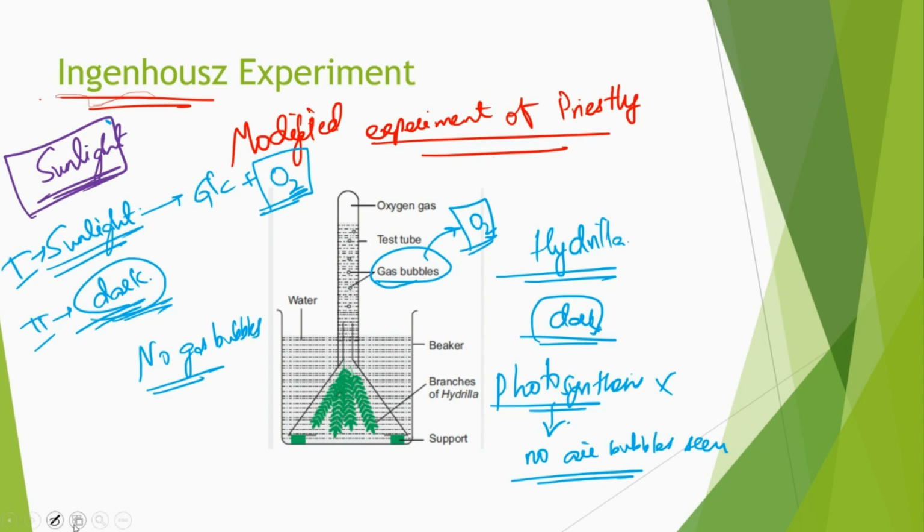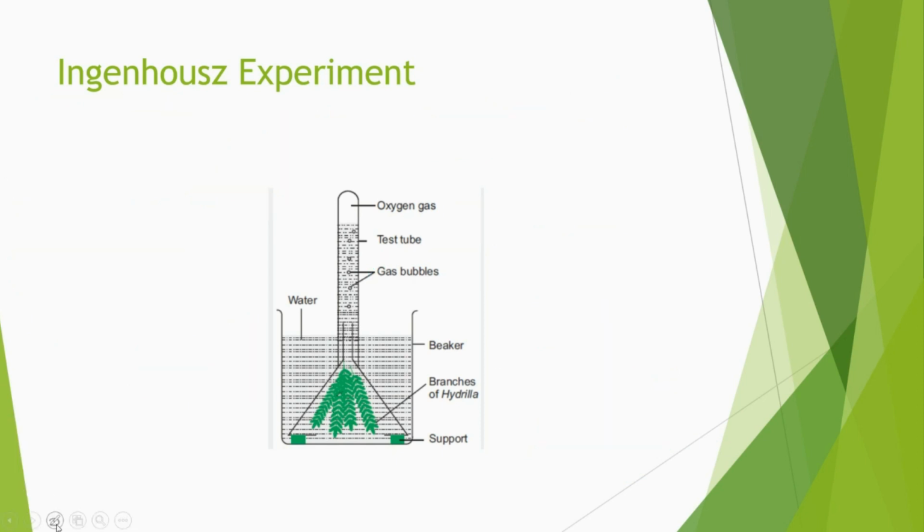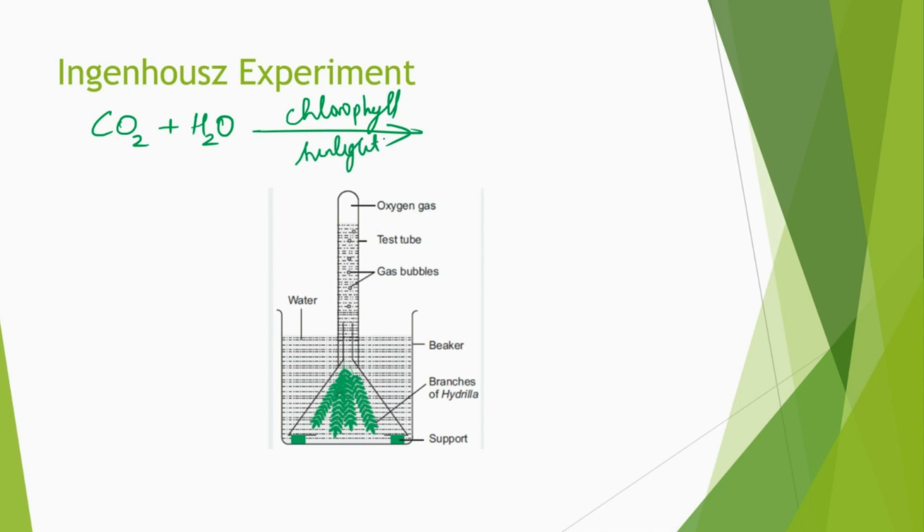So basically, we know the basic equation of photosynthesis, where carbon dioxide reacts with water in the presence of chlorophyll and sunlight to give glucose and oxygen with the release of energy.